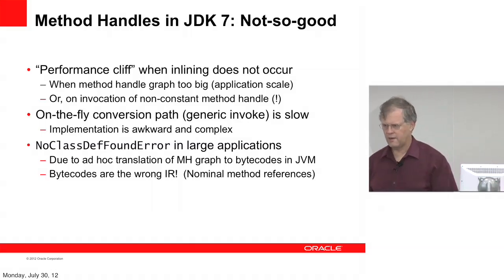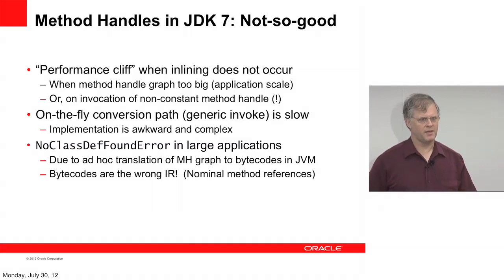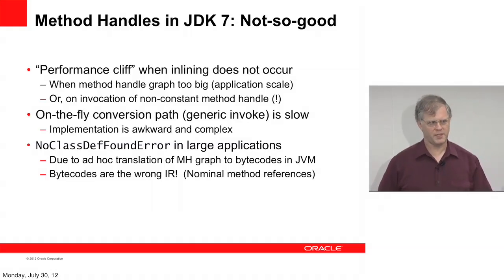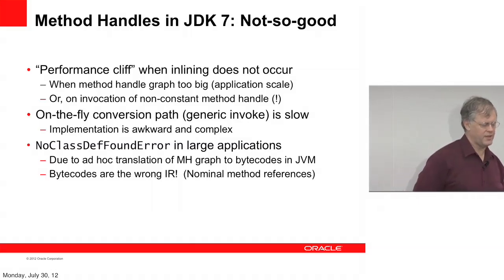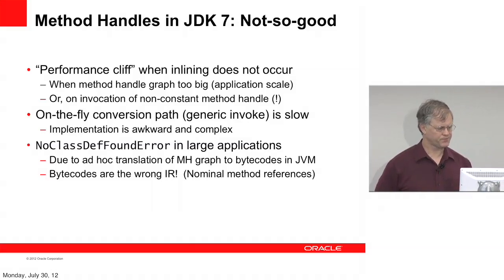Also, we found out that when users started building complex, say, Smalltalk or Ruby applications, this mysterious NoClassDefFound error would come at unpredictable times. And so we found what we think is the cause of that, and it's related to some of the implementation decisions we made in 7 that we have revisited and changed in 8.